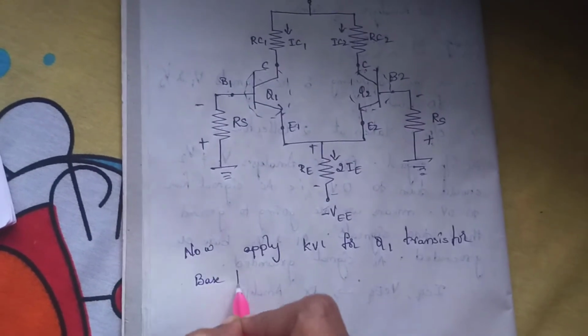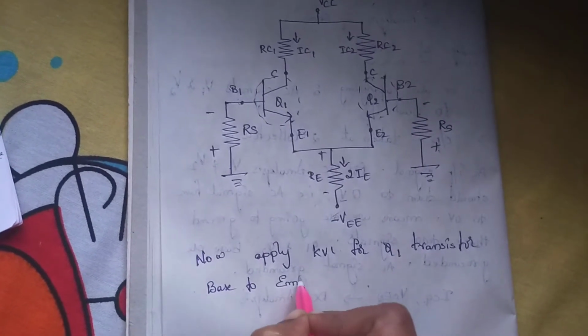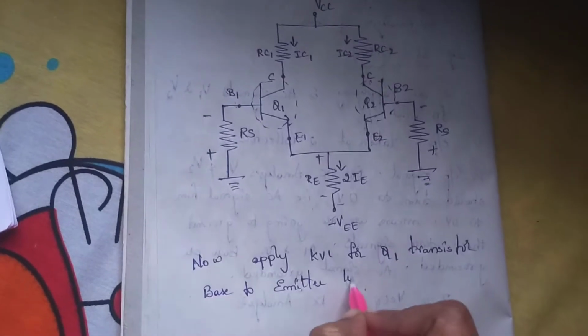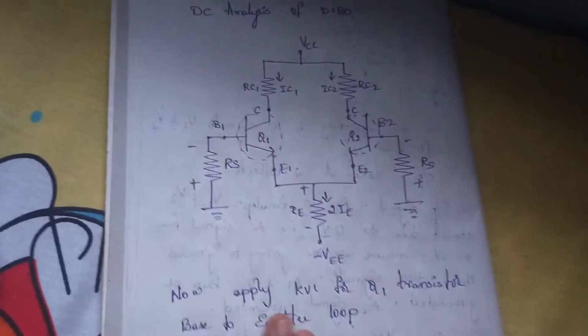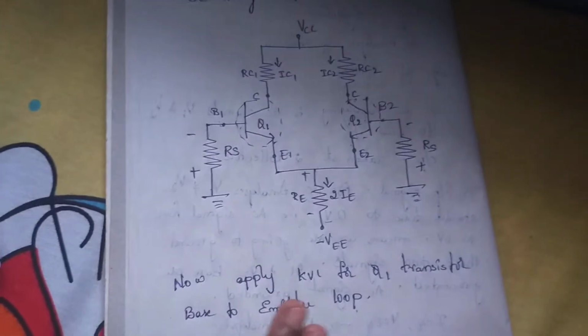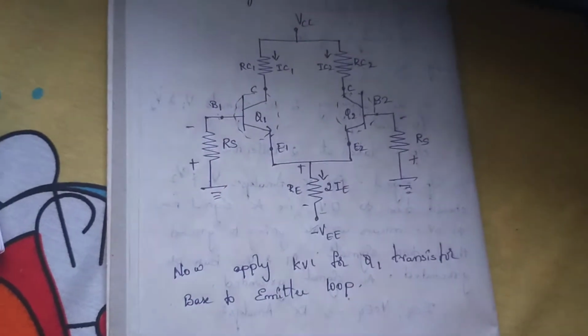In DC analysis we have to find two operating points.